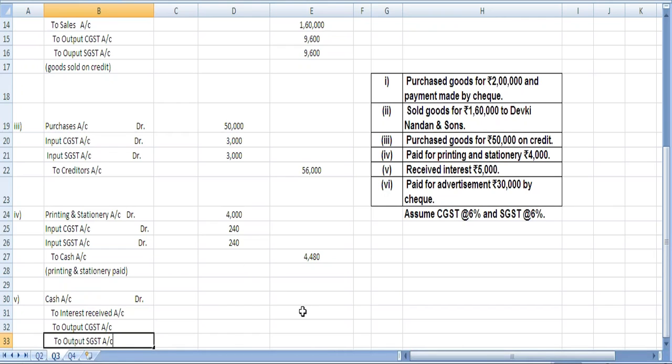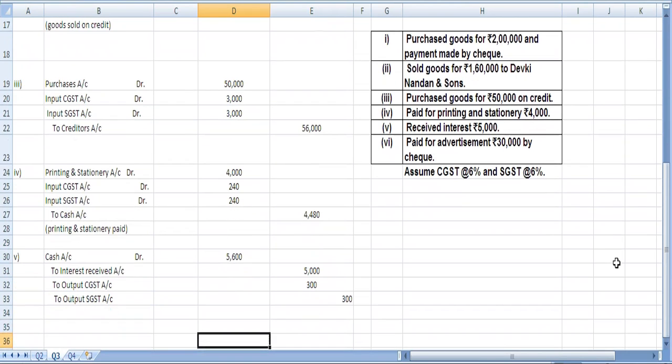Here the interest received was 5,000, 6% of 5,000 is 300, and the total here will come as 5,600. Okay.